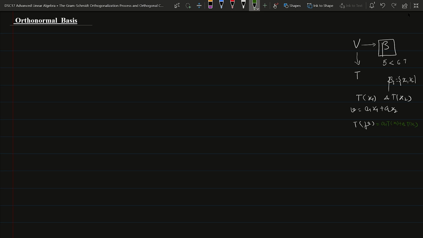So this is how you can determine T image of every vector of V if you know the T image of the element of this basis beta. तो इस तरीके से बीटा एक इम्पोर्टेंट पार्ट है वेक्टर स्पेस में. ठीक है, और we can say these are the building blocks for the vector space V.